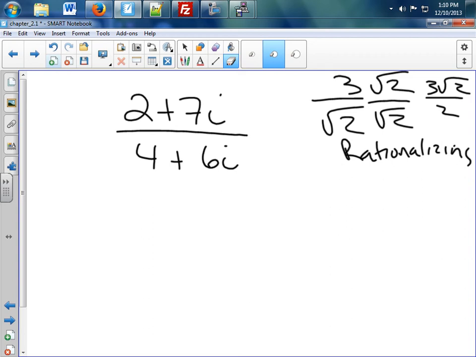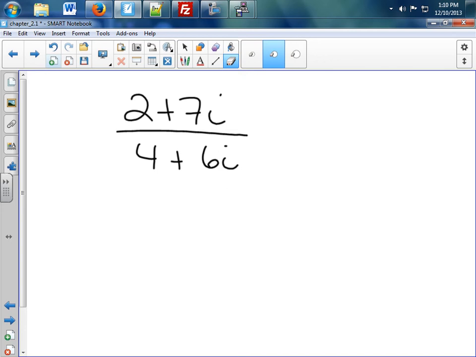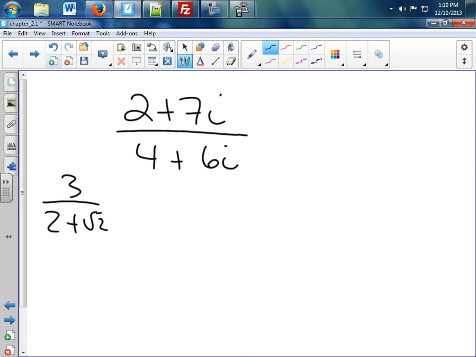I'll give you a hint. You have to multiply, and you have to use the conjugate. Remember what the conjugate was? Remember when we had 3 over 2 plus the square root of 2, what did we have to do? We had to multiply by 2 minus square root of 2.